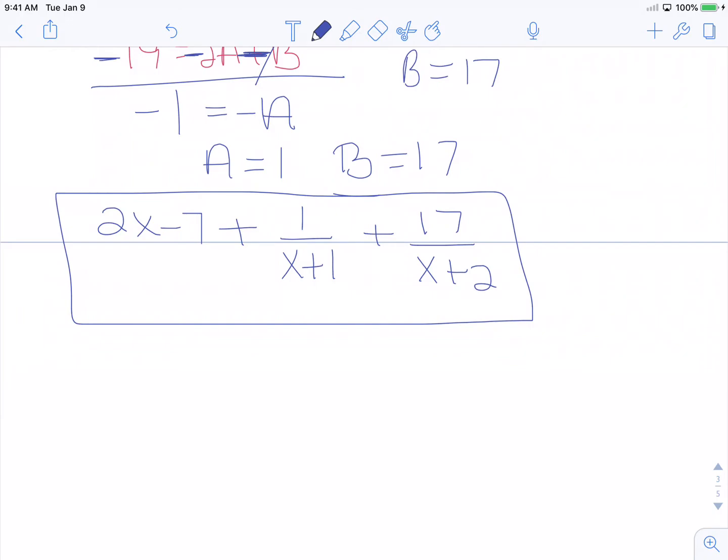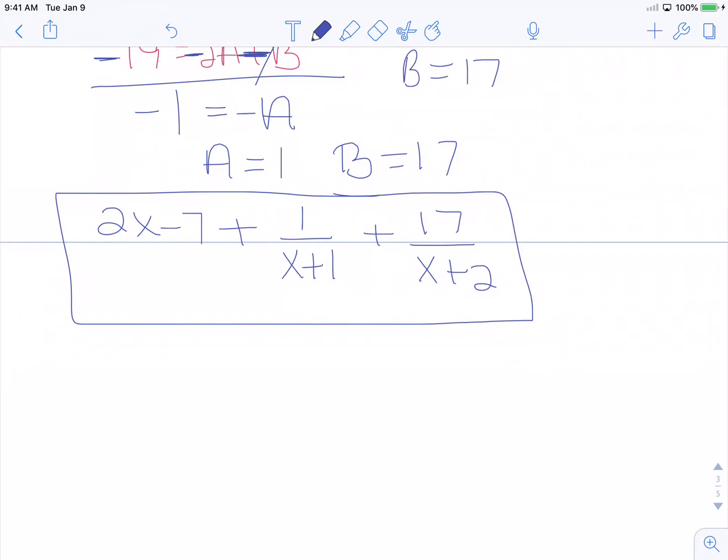You're doing the opposite of what you did last year. If you remember, you did foiling, probably in pre-algebra, and then you learned factoring. It's the same concept here with partial fractions and finding common denominators. One undoes the other. So factoring undoes the foiling or vice versa.